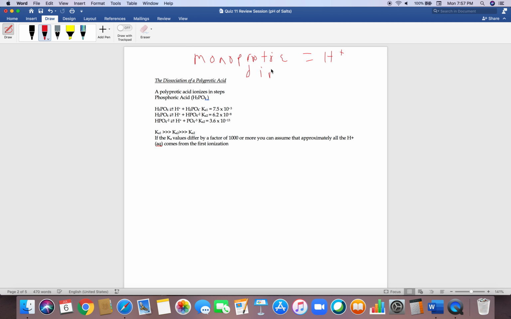Diprotic, well, I think you know where this is going, would mean two hydrogen ions, and we can go on until we get polyprotic, which is many hydrogen ions. In this case, we're given phosphoric acid, which is a weak acid, and it dissociates in 3 steps because it has 3 hydrogen ions. So it's actually going to have 3 ionization constants. For each step of the dissociation, getting rid of the hydrogen ions, we have a different Ka. And this is an important step, especially for pH of salt solutions.